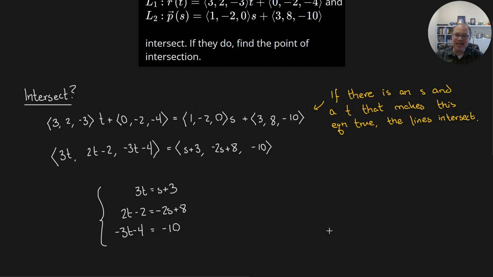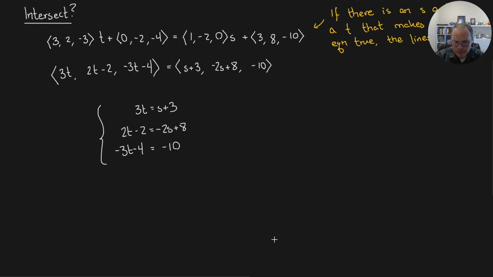And I get a system of equations in two variables. Notice there are three equations in this system, so whether or not it has a solution, we say the system is overdetermined. If we have more equations than variables, it gets a little bit trickier to make sure we have a unique solution here.